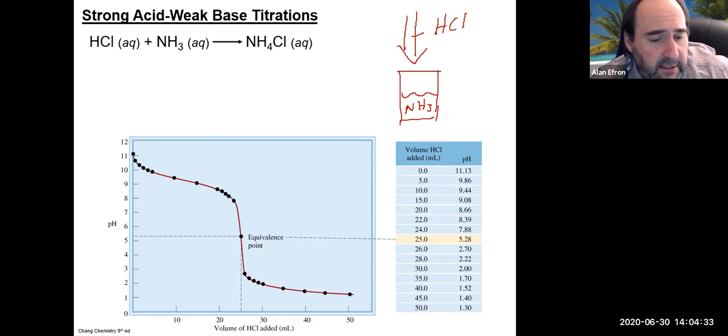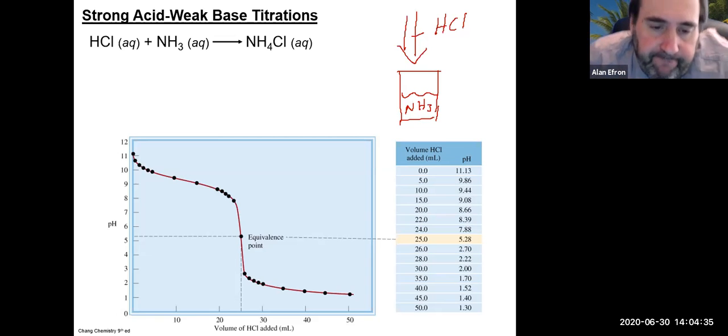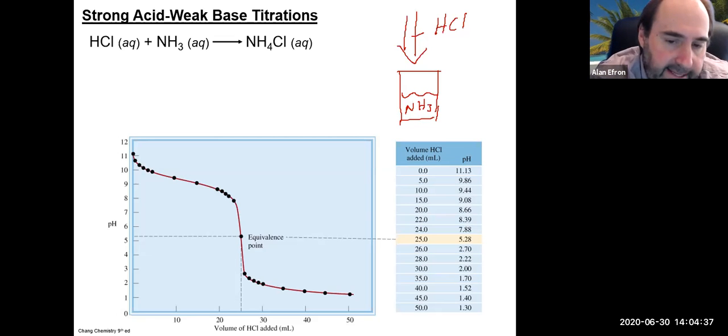So in this particular case, we are adding the strong acid to the weak base. And that means it looks just like the curve we just saw, except that it's kind of upside down. So let's talk about why it's upside down.